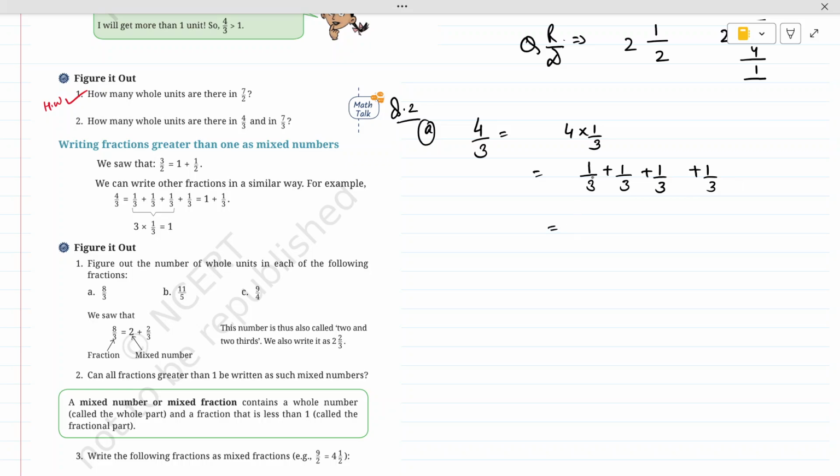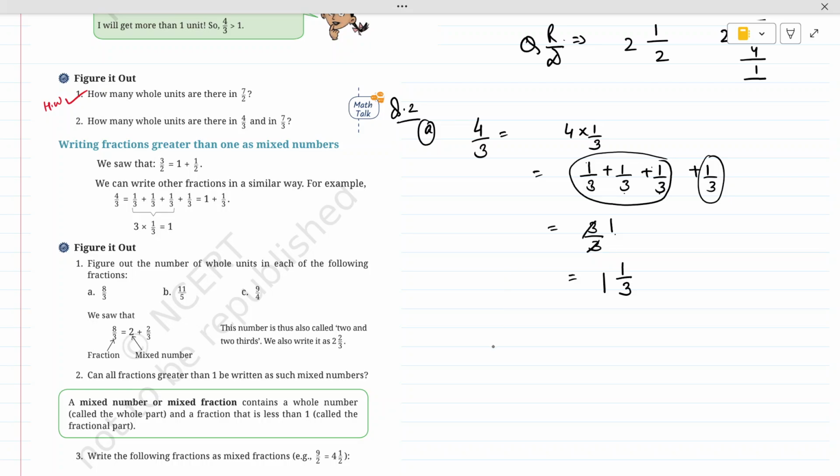Now, if we combine these 3, we will get 3 by 3, that means 1. So we will have 1 here and remaining is this 1 by 3.